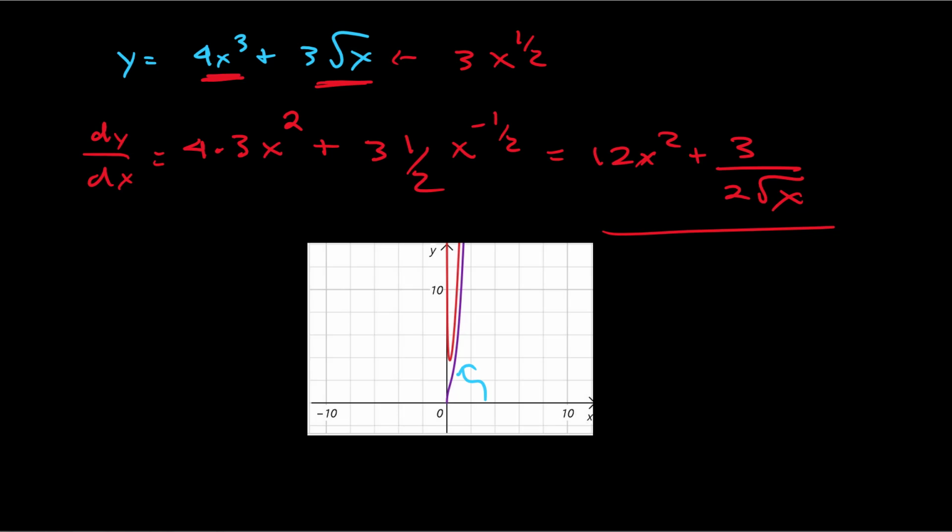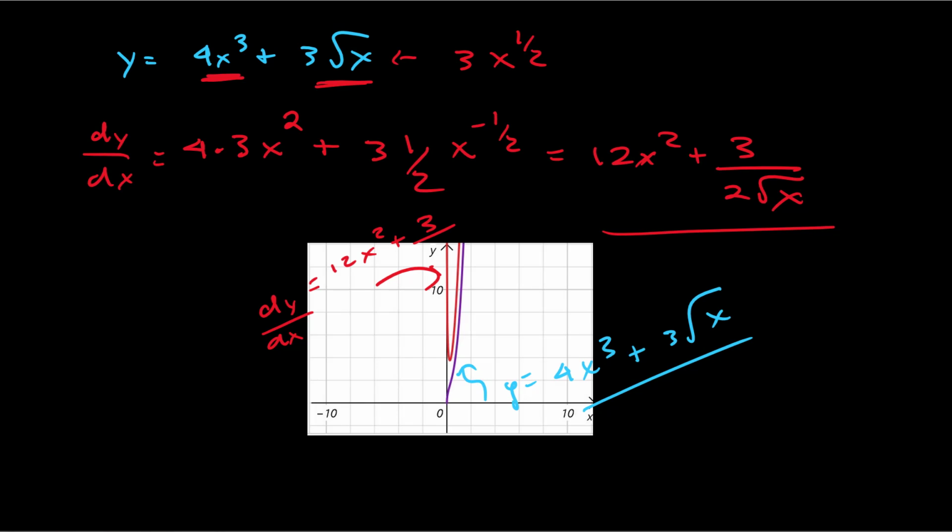Our original function, y equals 4x cubed plus 3 square root of x, is this purple line, while the red curve is our derivative, dy by dx, which is 12x squared plus 3 all over 2 root x.